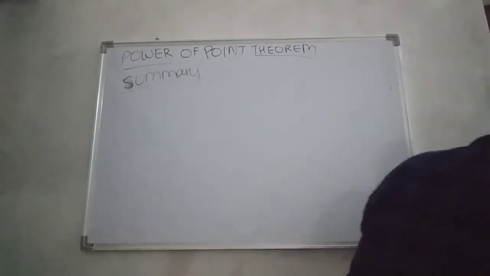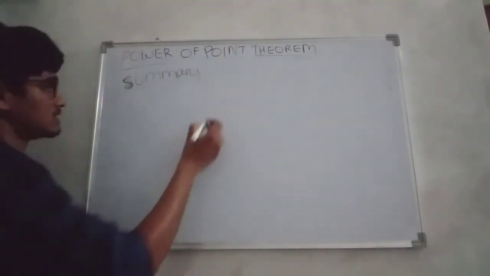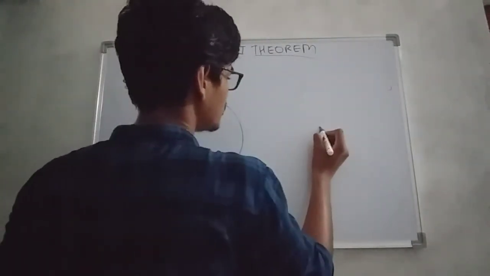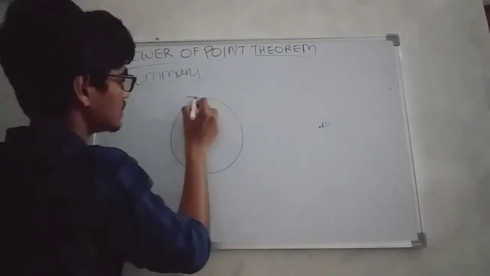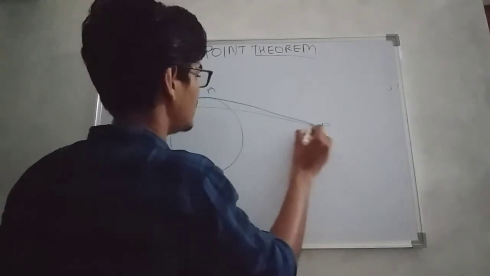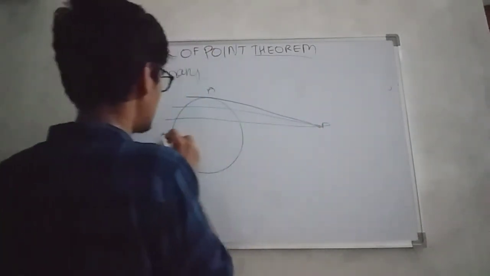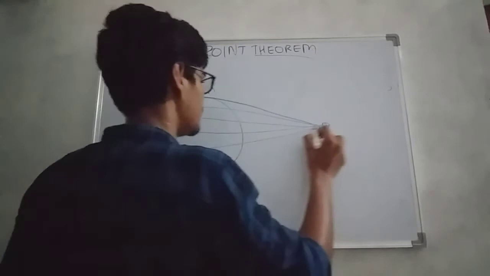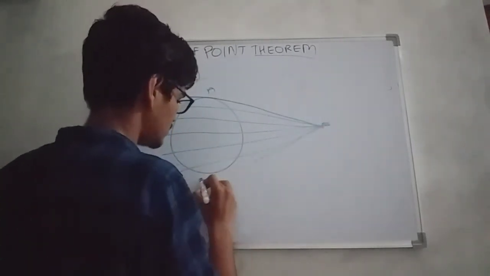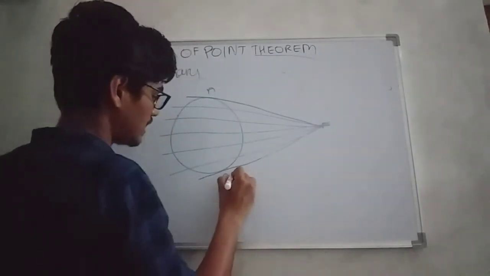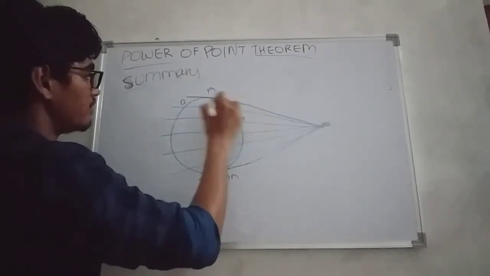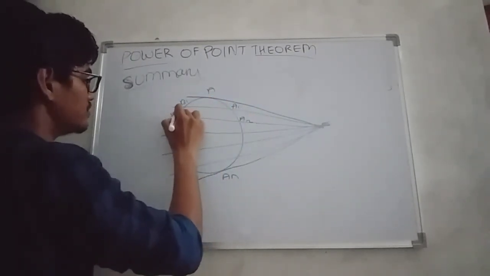Consider a circle and an external point P, such that PA is a tangent and many lines are drawn through P, and the last line is a tangent. We name the points A, B, A1, B1, A2, B2.